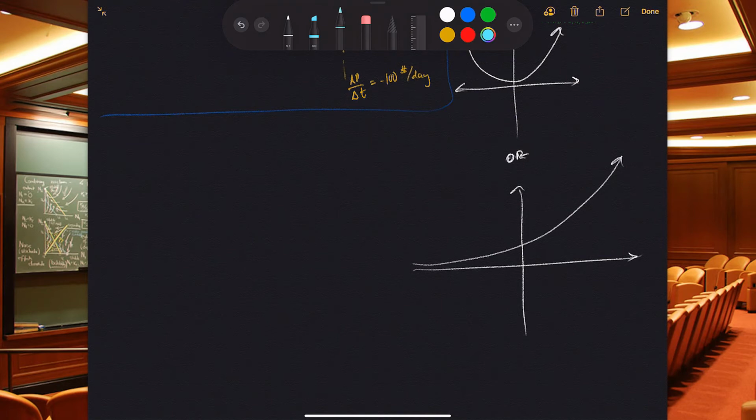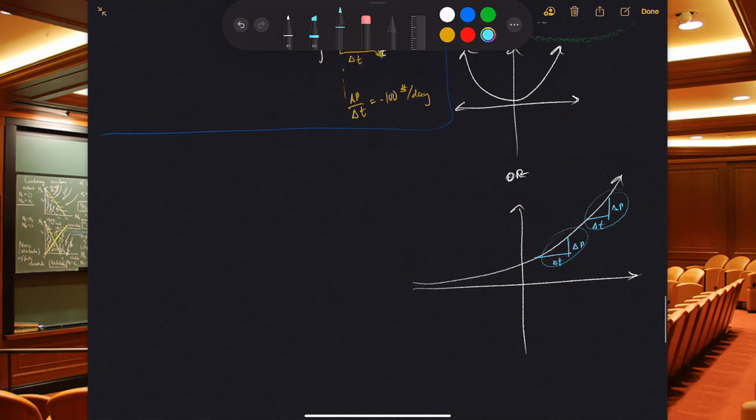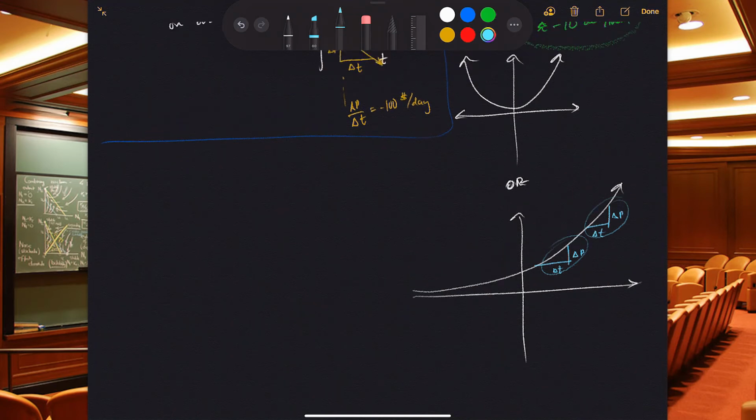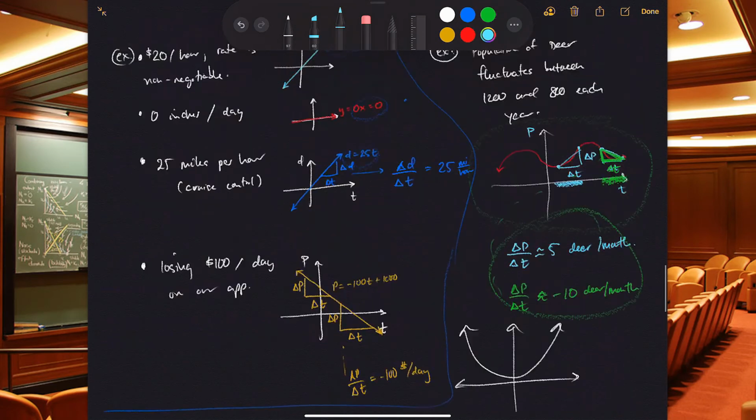And so we can look at the average rate of change over time and see that it's changing. And how that change is being affected or is increasing or decreasing, that tells us something about the relationship. That's super, super important. All right, it is the most important and interesting thing about functions.